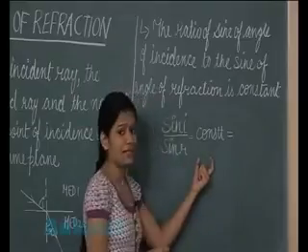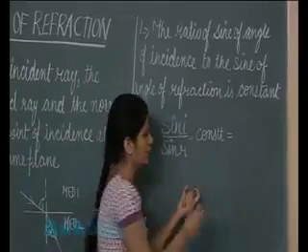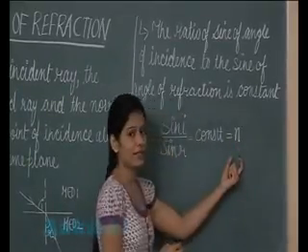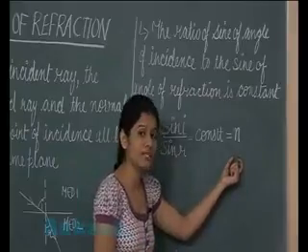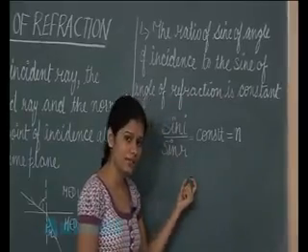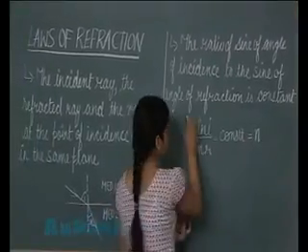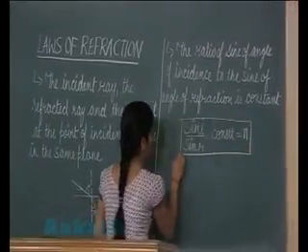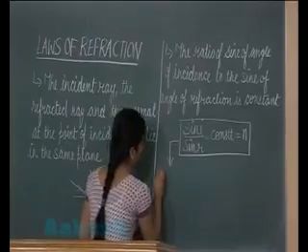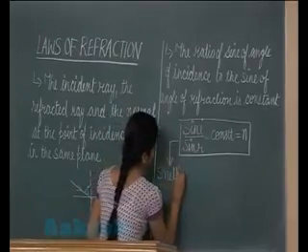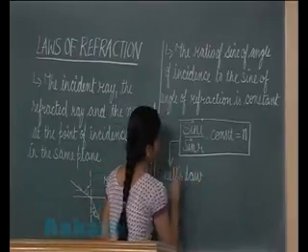This constant is the property of the medium which is denoted by n. This is the refractive index of medium 2 with respect to medium 1, and this relation is also known as Snell's law.